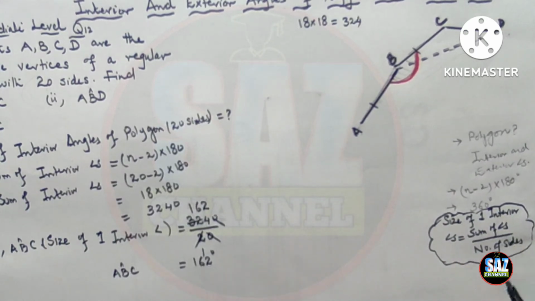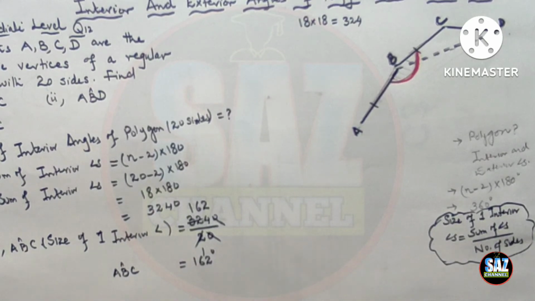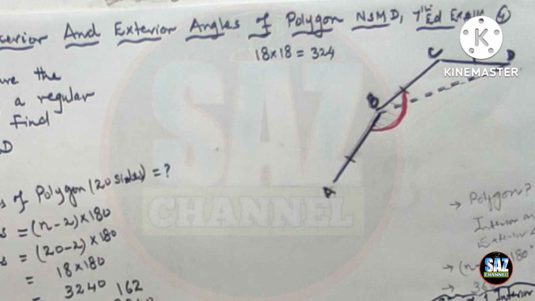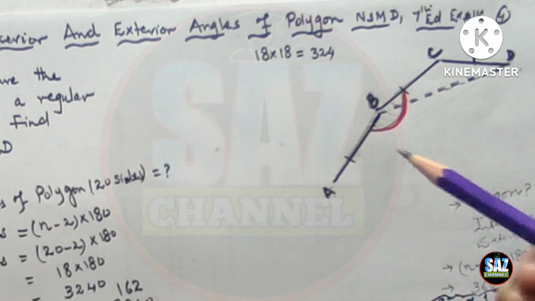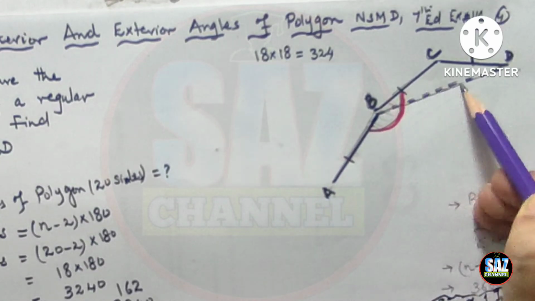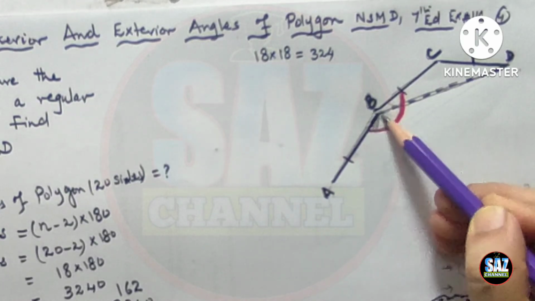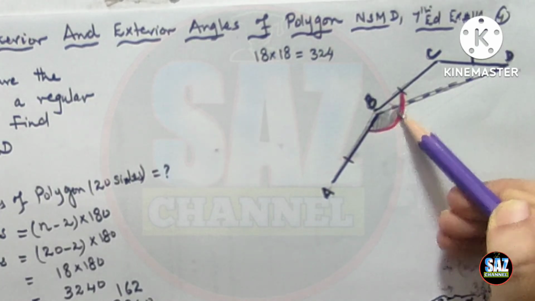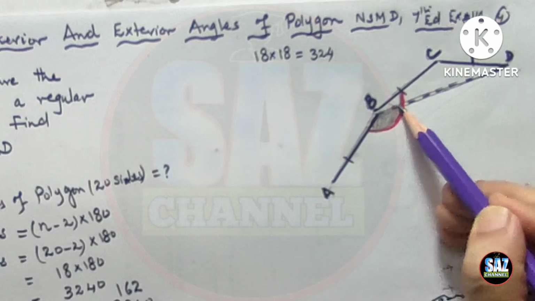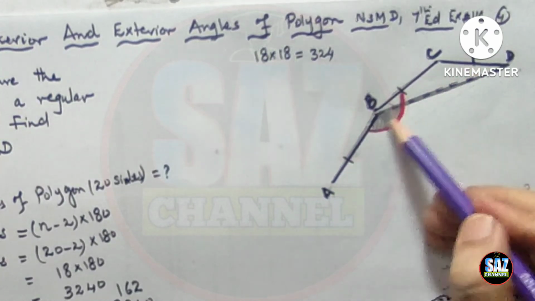And now it's time to discuss the second part, which is angle ABD. We have to find only this portion of angle B. What are we going to do for that purpose, students?